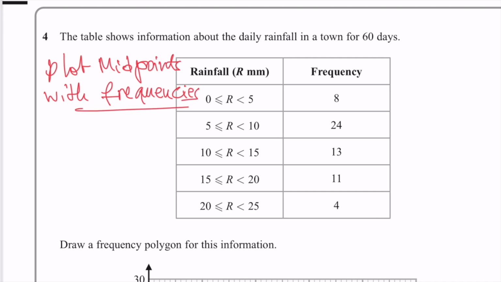Right. So the midpoint of the group 0 to 5 is 2.5. And you can just find it easily here. So start from 0 to 5, that's your first group, class interval. Midpoint is here, and then plotted with the frequency 8, which should be here, and etc. So the second group is 5 to 10, midpoint is here, and plotted with 24, frequency 24.